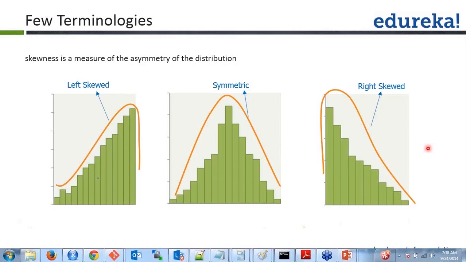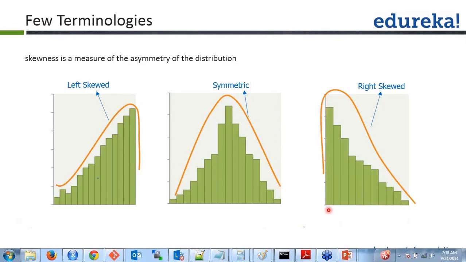Suppose you take, in this axis, a reflection of the income of users. If you are taking this axis as the representation of the income of users, this tries to say that there are many people who have got less income.